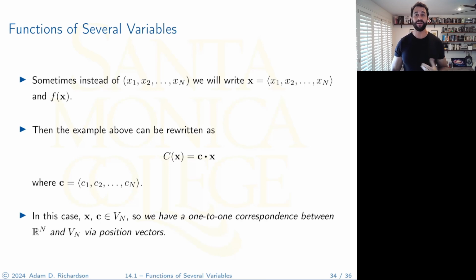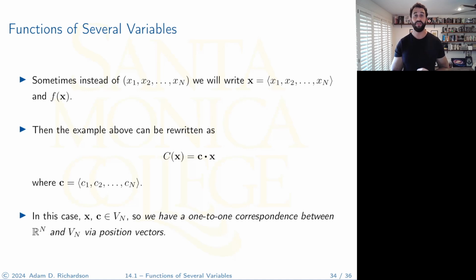Because notation can get very messy very fast when you have high dimensions, a lot of times we will just write bold x and talk about the position vector that corresponds to that point. And then we can just write our function of multiple variables as f of x, where it's understood that x is an n-tuple, or the position vector of an n-tuple.